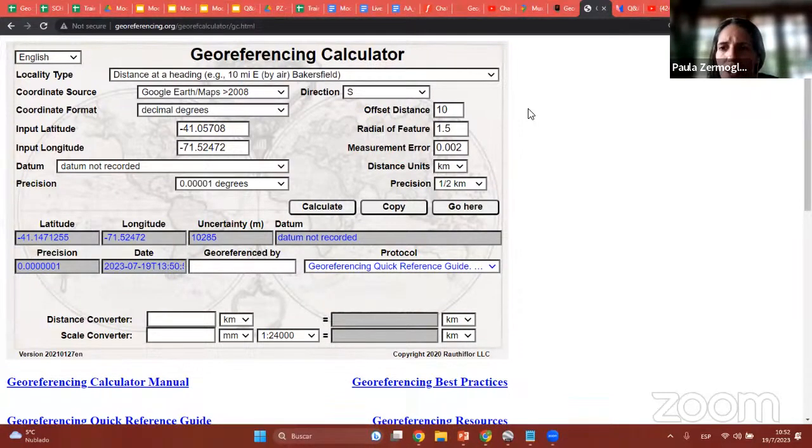So here is a question from Faris in the chat. It says, so what is the most general one? I assume he's referring to datum, that we can often use then. So if you're using Google Maps or Google Earth to get your coordinates, you will use WGS84 to get those coordinates.